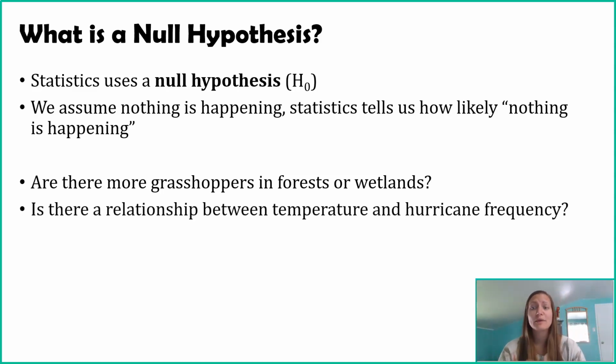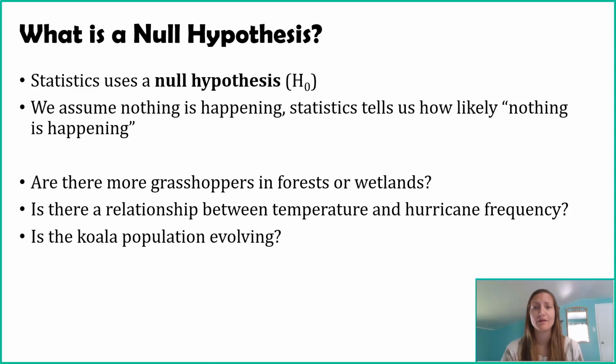Another question, is there a relationship between temperature and hurricane frequency? Again, a null hypothesis, nothing is happening, would say no, there is no relationship between temperature and hurricane frequency. And then finally, if we want to bring this back to Hardy Weinberg, you could have a question such as, is the koala population evolving? Again, null hypothesis, nothing is happening.